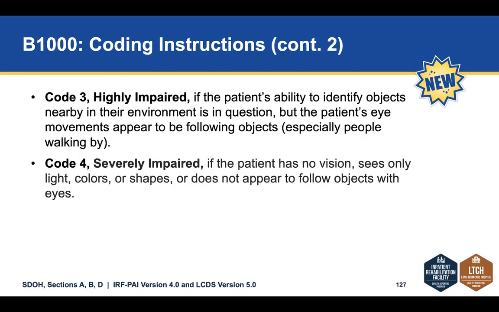The assessor should code 3, highly impaired, if the patient's ability to identify objects nearby in their environment is in question, but the patient's eye movements appear to be following objects, especially people walking by. Or code 4, severely impaired, if the patient has no vision, sees only light, colors, or shapes, or does not appear to follow objects with their eyes.